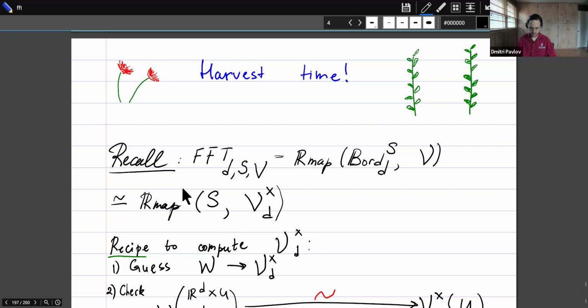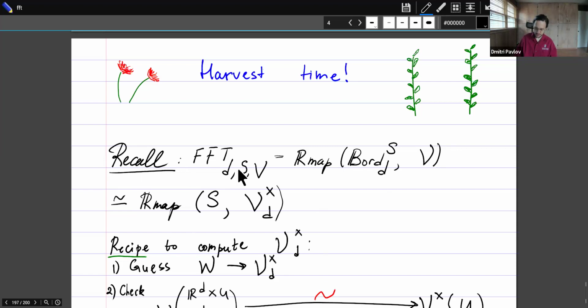So here you now have on this side a derived mapping simplicial set of sheaves on the site FMD. This side is difficult to compute.